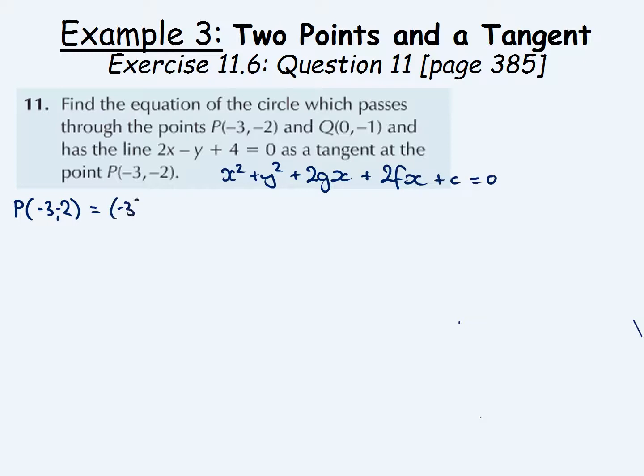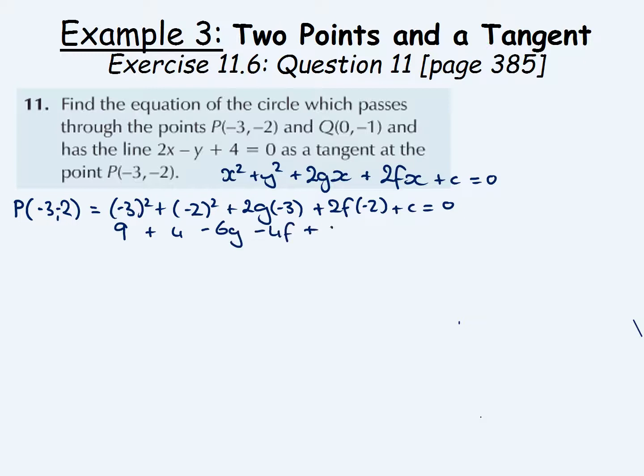So we get minus 3 squared plus minus 2 squared plus 2g times minus 3 plus 2f times minus 2 plus c is equal to 0. This gives me 9 plus 4 minus 6g minus 4f plus c equals 0. So 13 minus 6g minus 4f plus c equals 0.